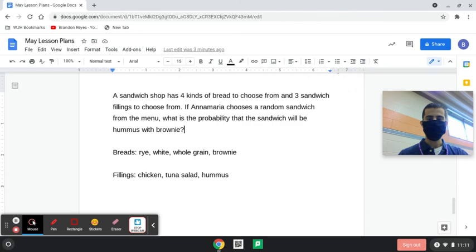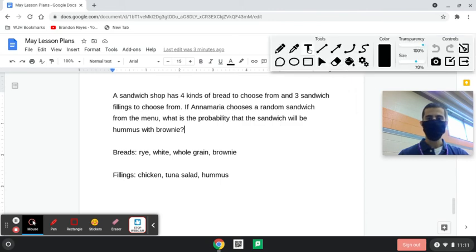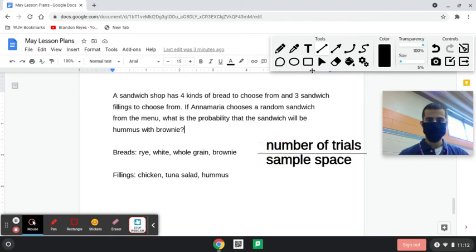of the sample space underneath the number of trials or number of sandwiches. So number of trials, sample space. Now, those seem like really complicated words, but by now you should hopefully understand, well, the sample space is just all the different things that could happen.